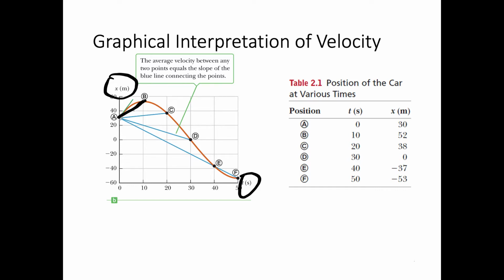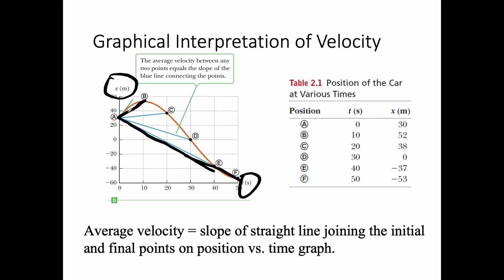Likewise, to find the average velocity between A and F, we join A and F and find the slope of the line joining A and F. So this is how to interpret average velocity. Average velocity on a position versus time graph is just the slope of the straight line joining the initial and final position.